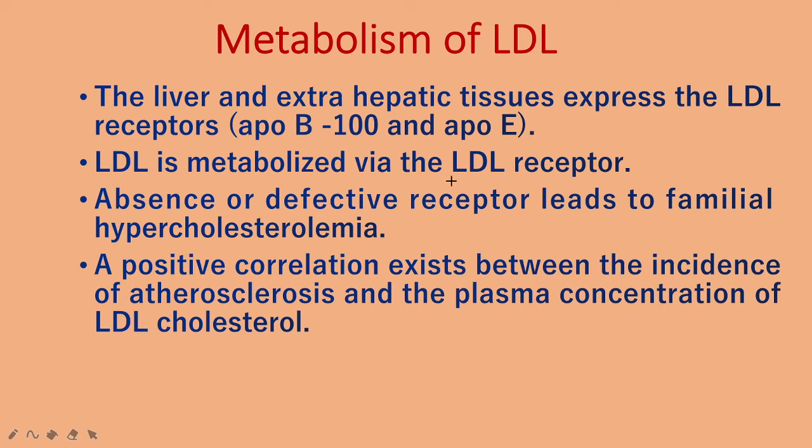LDL is metabolized only through this LDL receptor, so any absence or defective receptor will lead to familial hypercholesterolemia. There will be a positive correlation between the incidence of atherosclerosis and plasma concentration of LDL cholesterol, since it is metabolized via the LDL receptor.